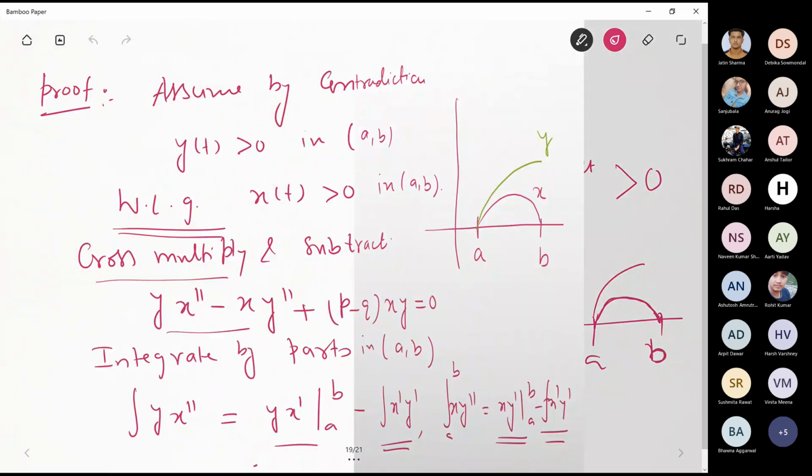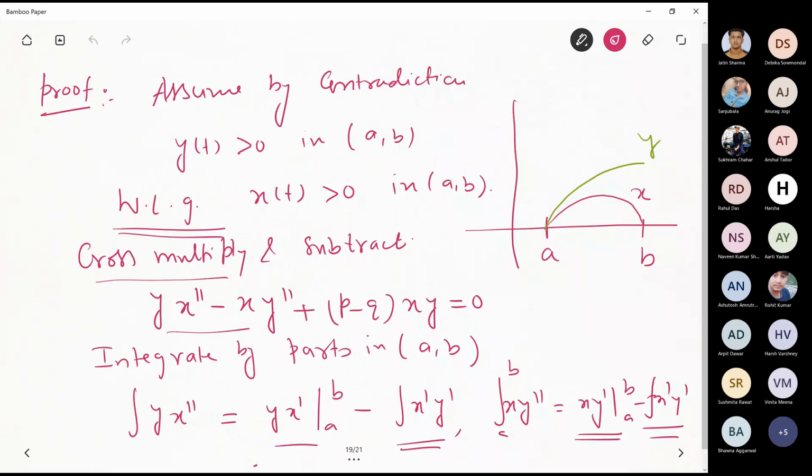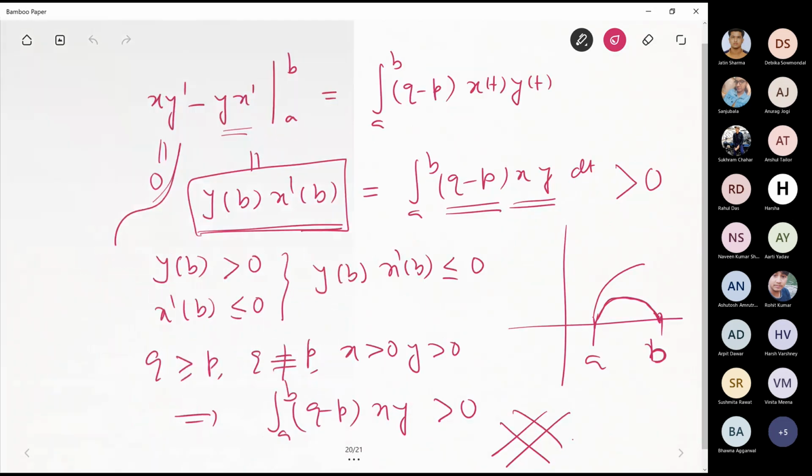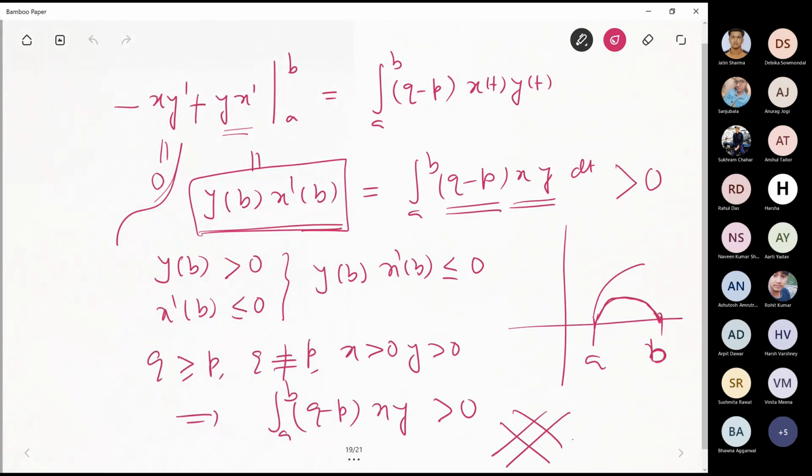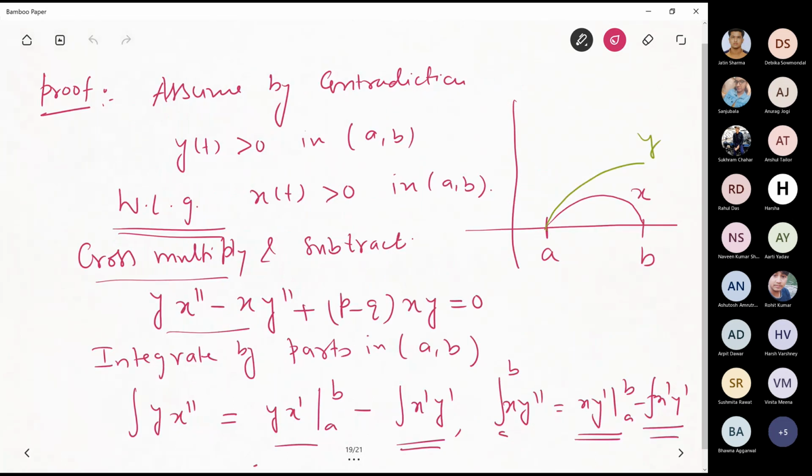Okay, so this is p minus q, and this is y into x prime minus, right? So y x prime minus x y prime. So this is y into x prime minus x into y prime. That's what we have. And p minus q, when it goes to the other side, becomes q minus p.